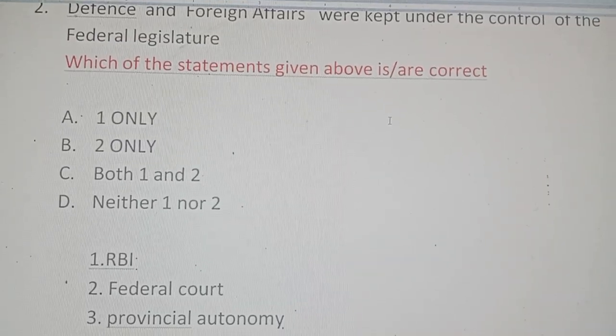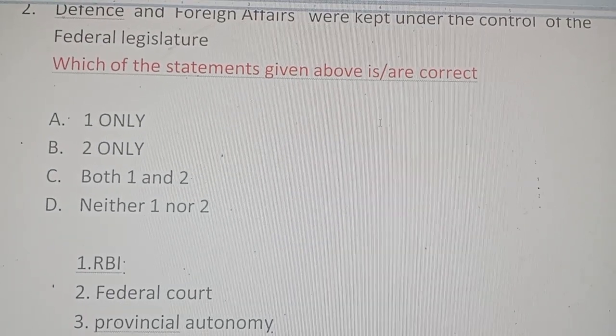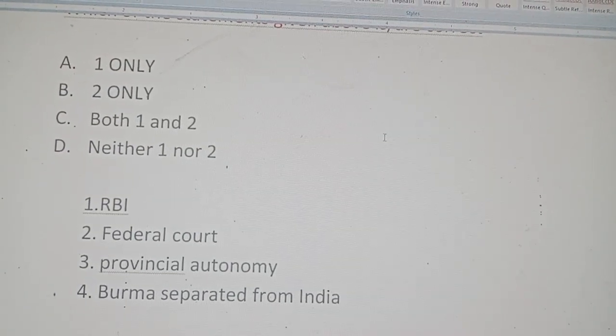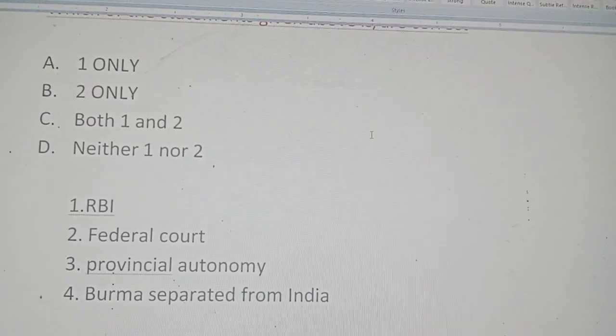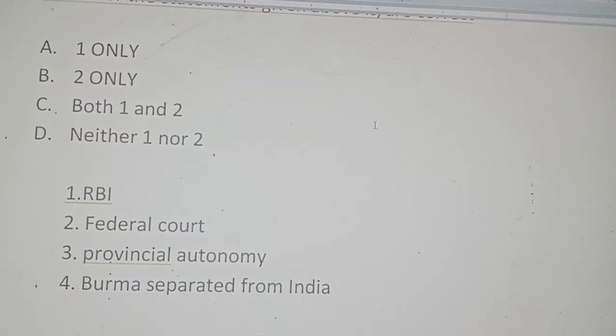RBI was established by this act. The Federal Court was established by this act. Provincial autonomy was provided, and Burma was separated from India by this act.